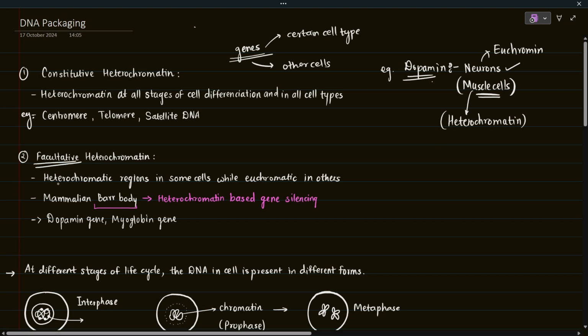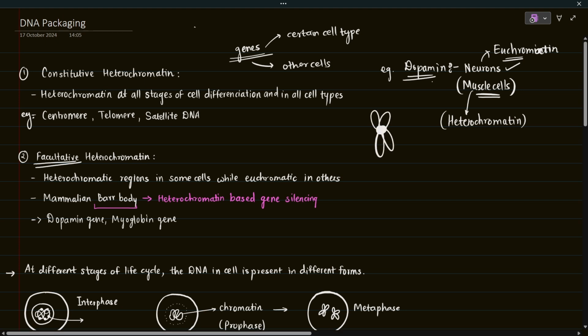This is known as facultative heterochromatin because such heterochromatin regions can be heterochromatin in certain cell types while they can be euchromatin in other cell types. The other examples of heterochromatin are telomeres and centromeres.